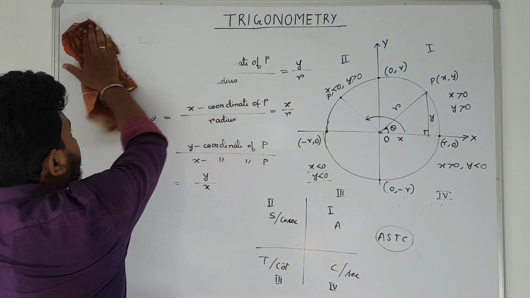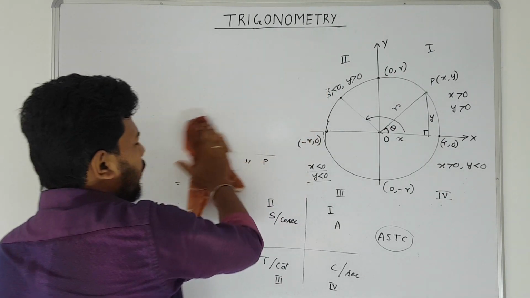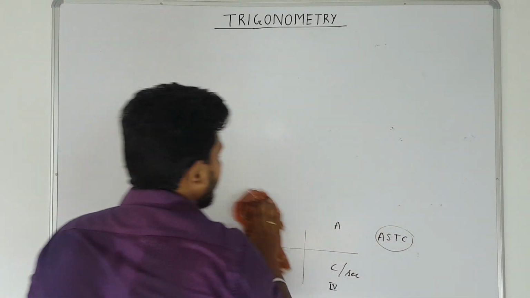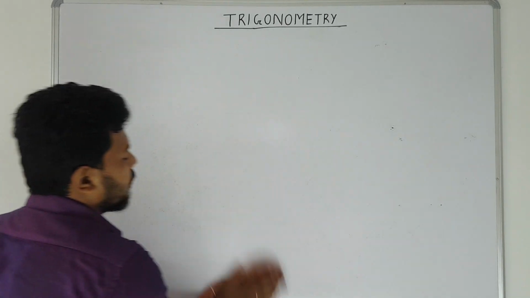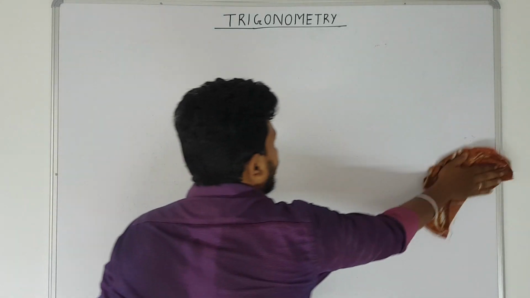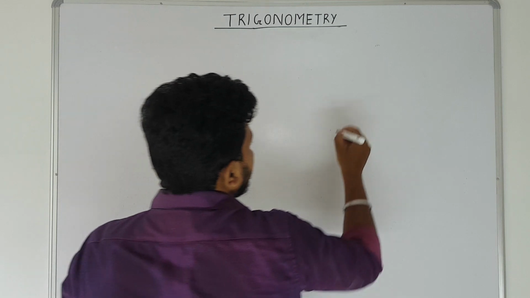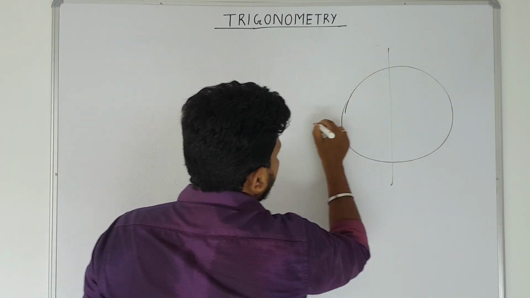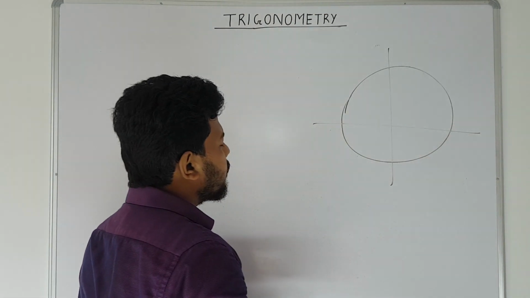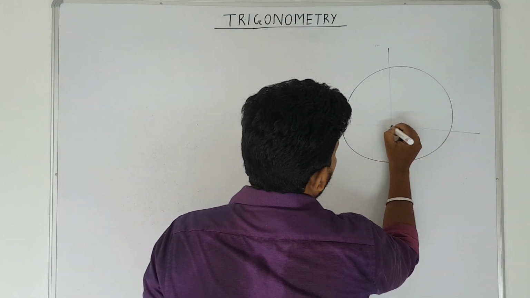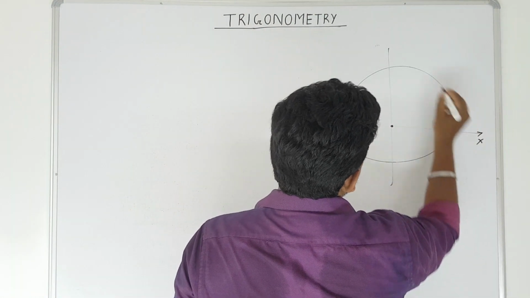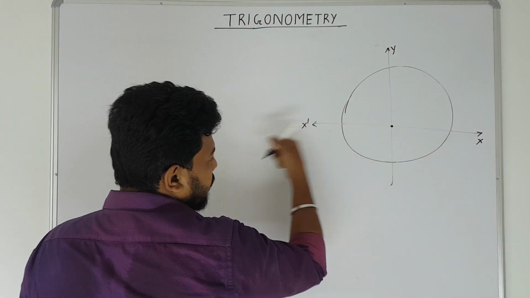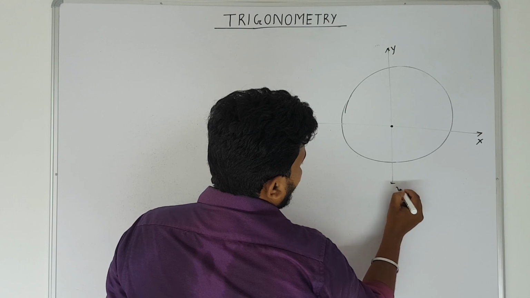Now we will discuss different reduction formulas. We know for theta being an acute angle, it lies in first quadrant. This is your x axis, this is your y axis, this is your x dash, negative side of x axis, this is your y dash.